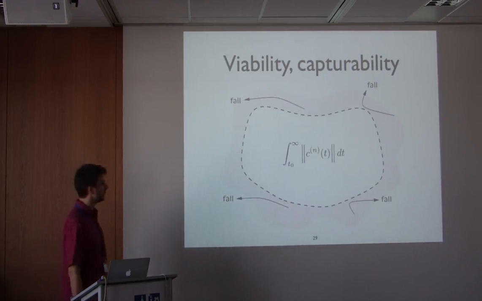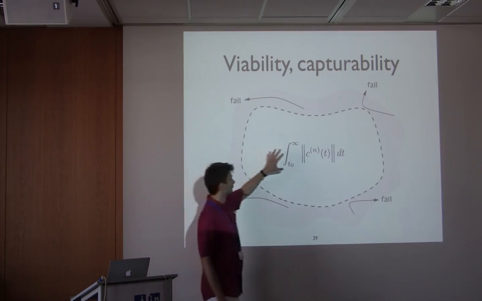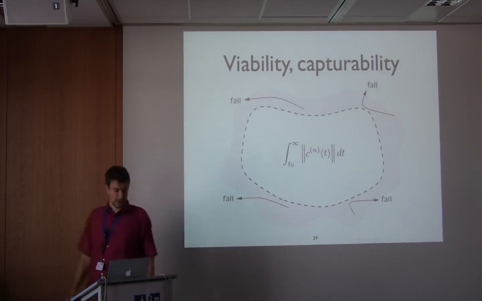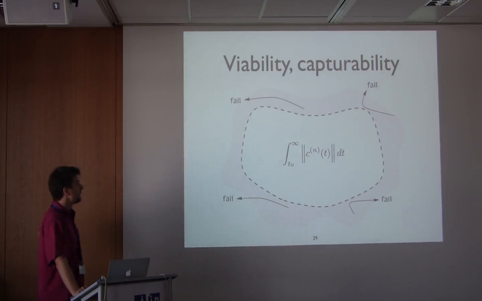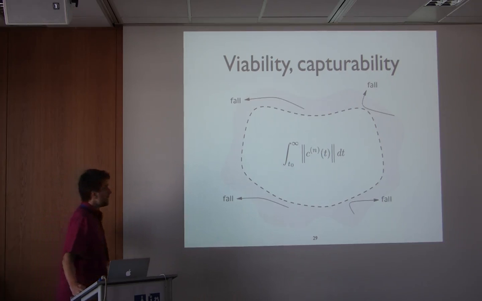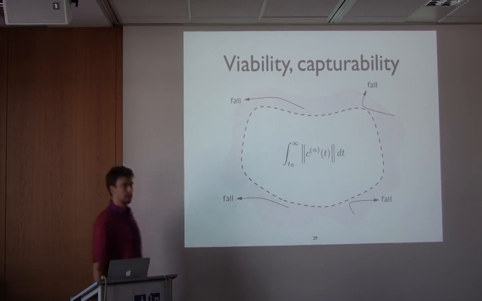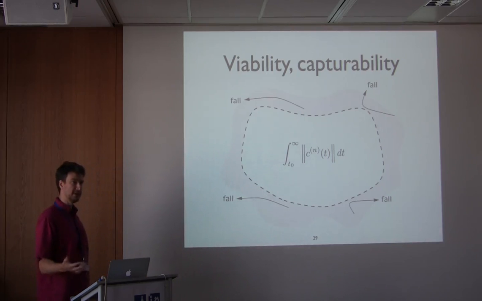So here we are going to build on this observation that we made, that maybe this integral of the norm of any derivative of the motion, especially of the motion of the center of mass, if we want to keep this small, then we stay stable, we stay viable.